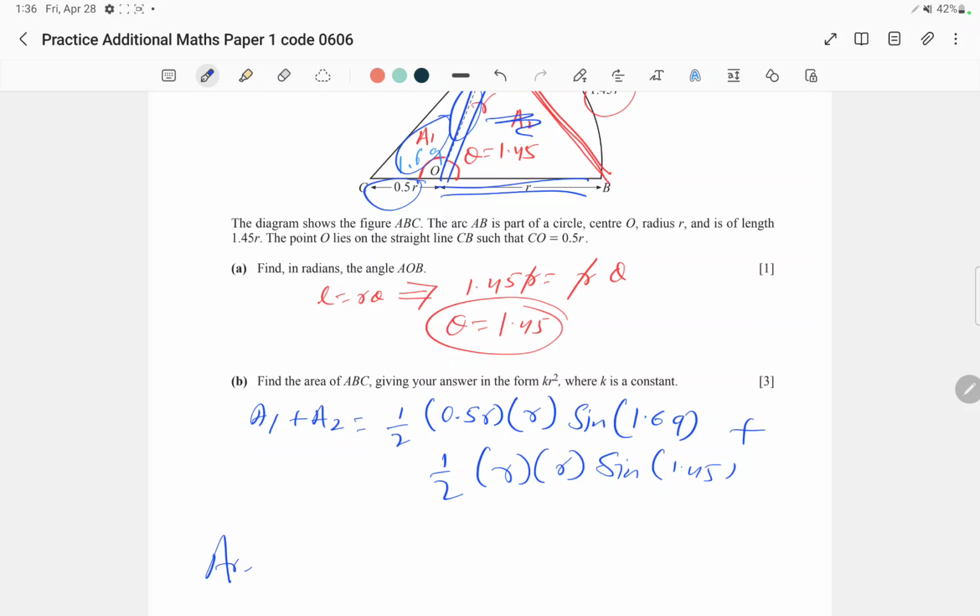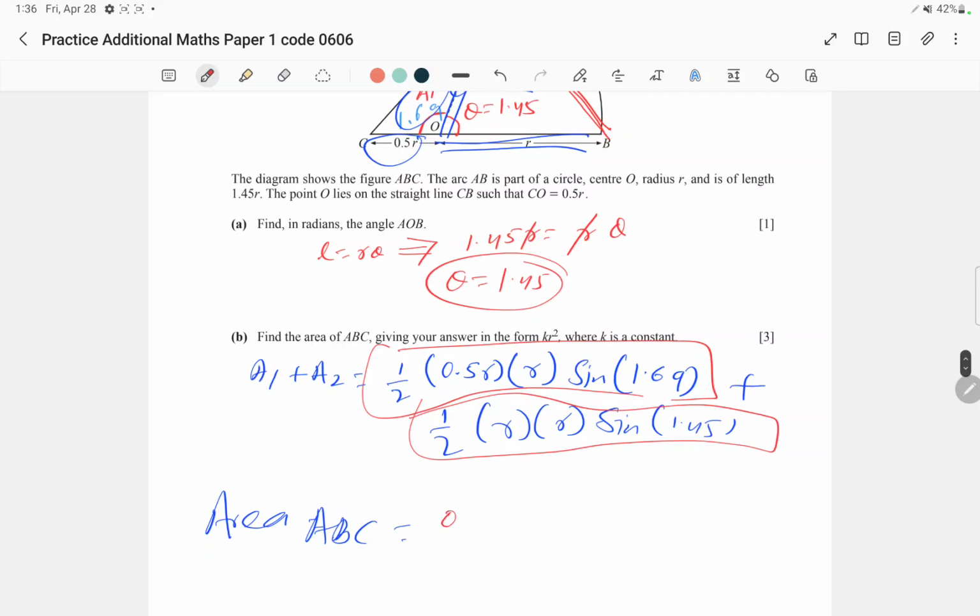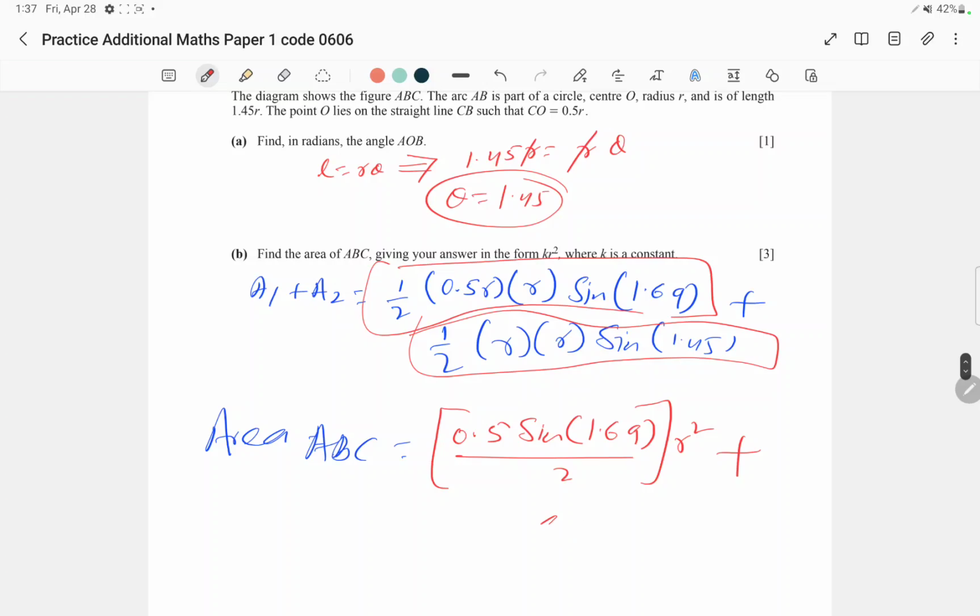So now the area of triangle ABC will be the calculation of this plus the calculation of this. Better to write it this way: 0.5 sine 1.69 over 2, r squared outside, plus here we can write sine of 1.45 over 2, r squared.